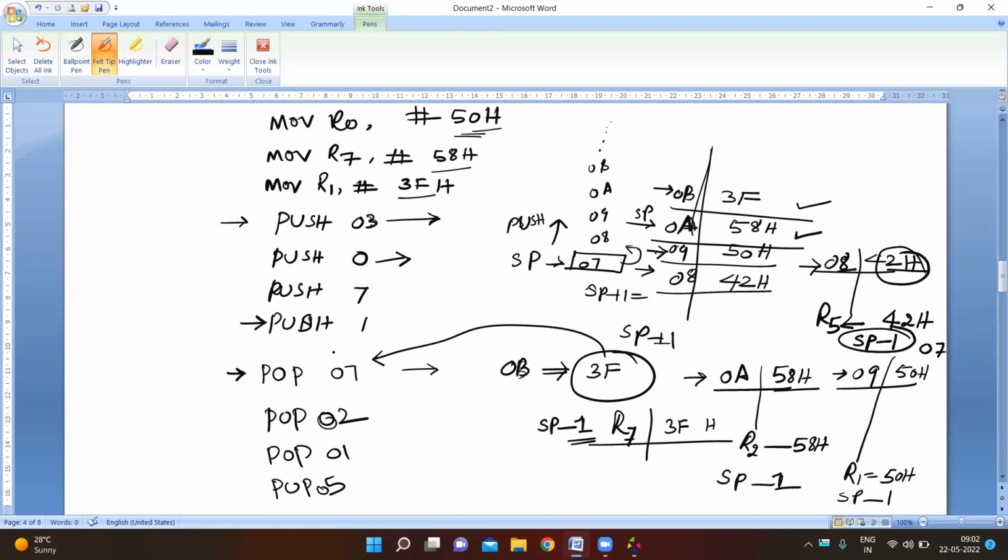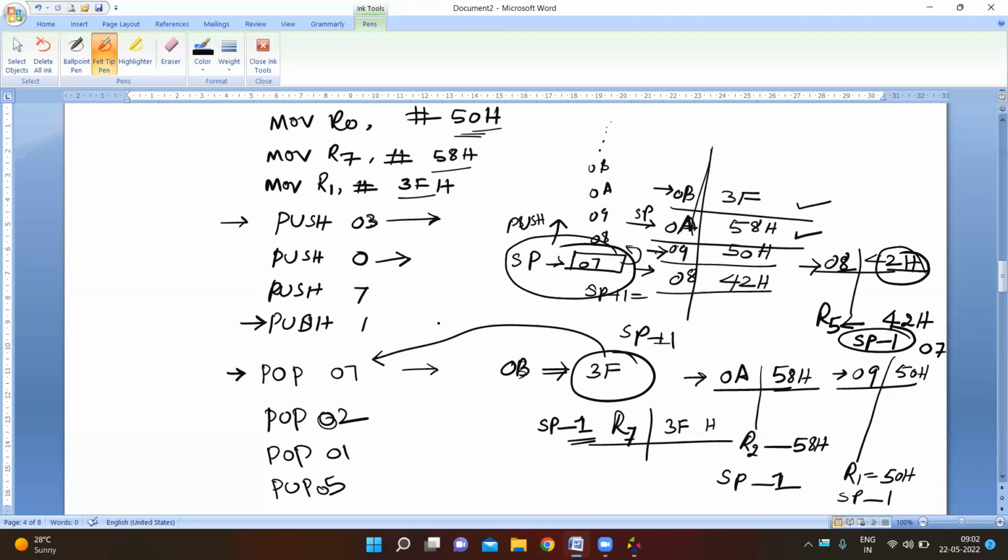Here, always after completion of push and pop instructions, the stack pointer should always be present at 07 location only. After reset, or when an equal number of push and pop instructions are executed, the stack pointer address should be only at 07 location.